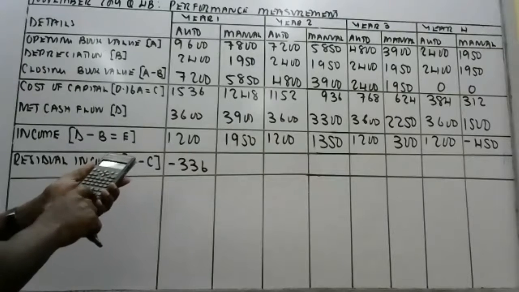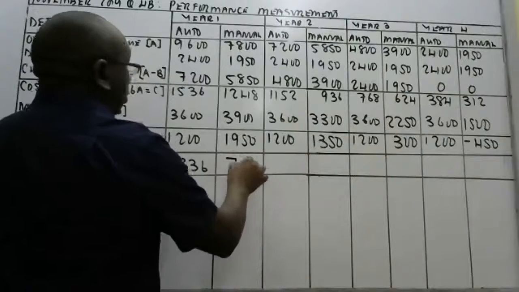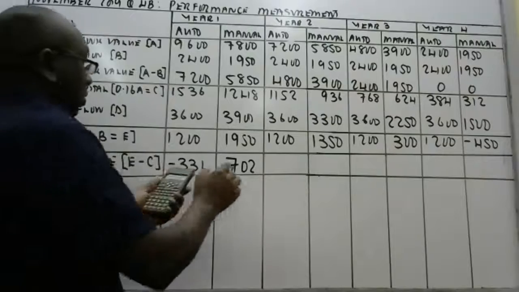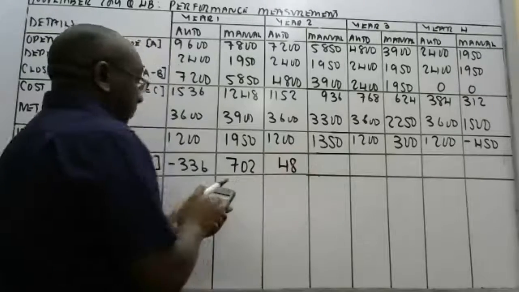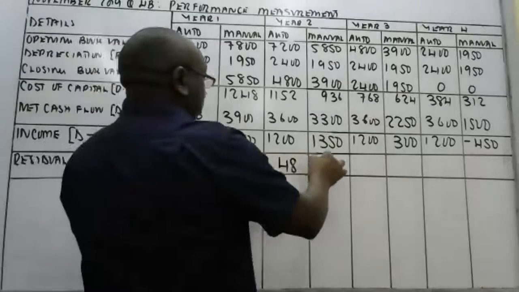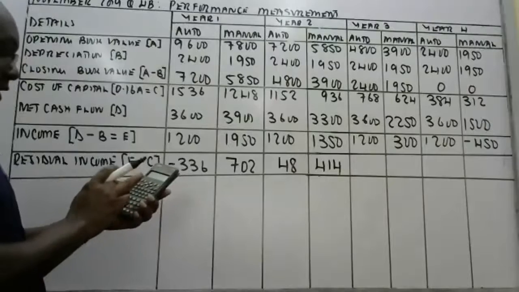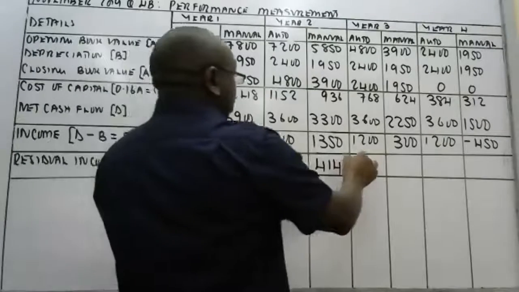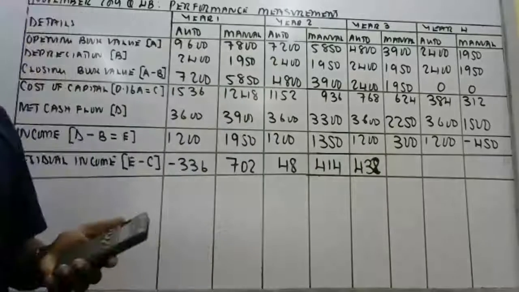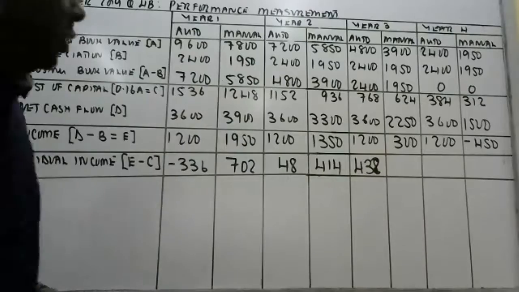Then 1950 minus 1248 is 702. 1200 minus 1152 is 48. 1350 minus 936 is 414. 1200 minus 768 is 432.